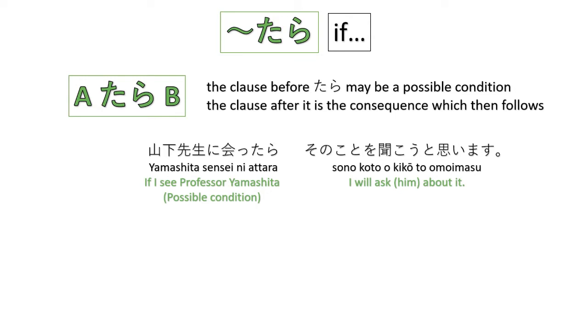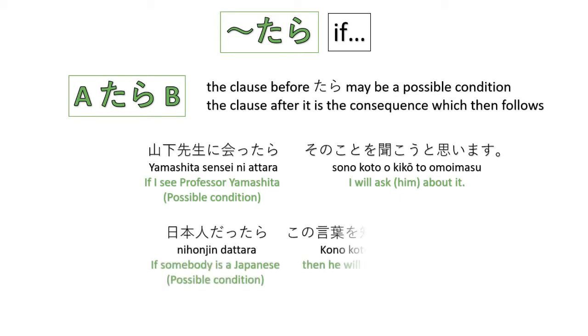I will ask him about it. Okay? So this is a possible condition. This condition may either be realized or not, because if I don't see him, I won't ask him about it. So we do not know whether this will happen or not. That's why it's called possible. It's either yes or no.